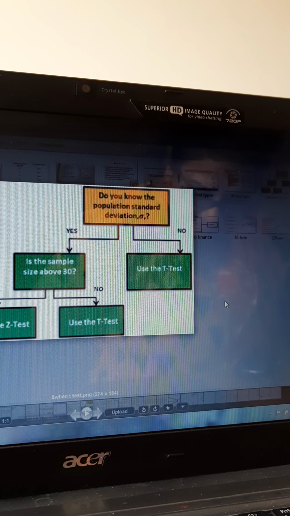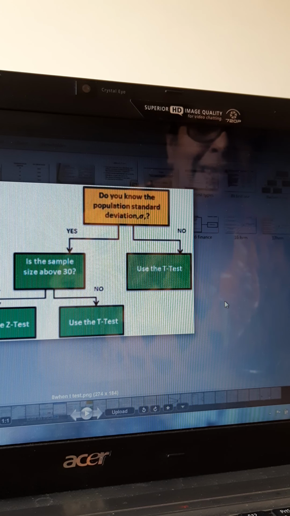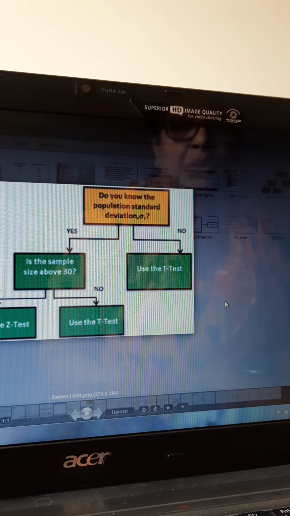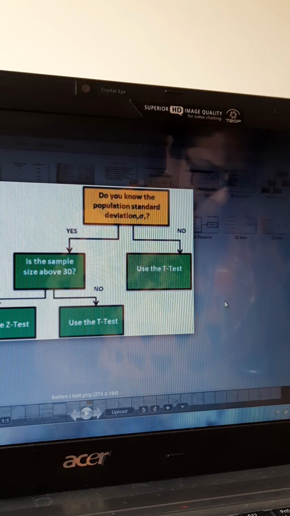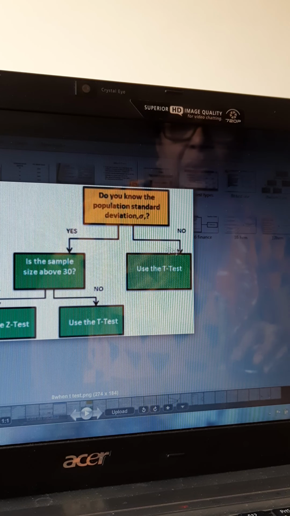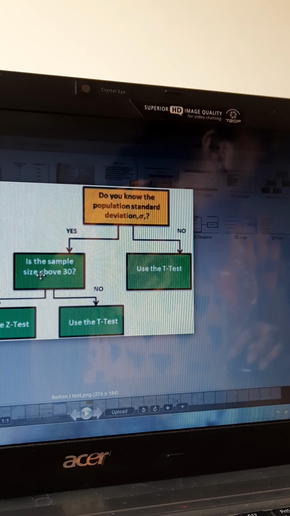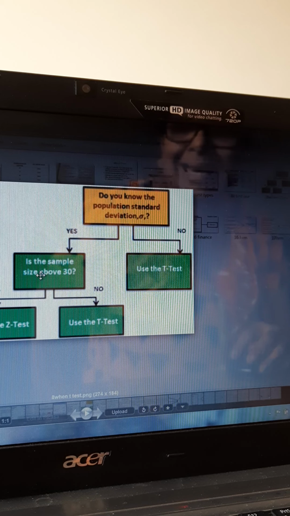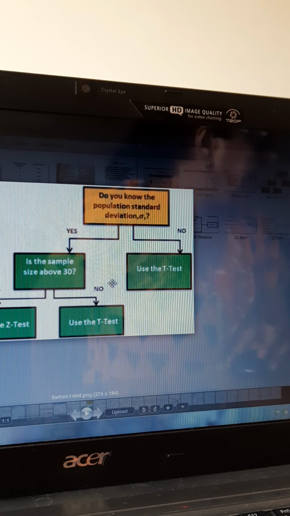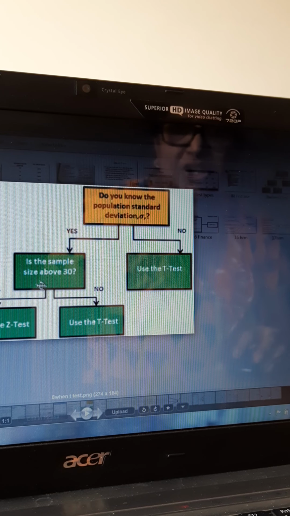In the example that I told you, the stress level of all IT professionals in Bangalore, you don't know the standard deviation. So then you have taken a sample. You have used a convenient sampling method and taken about 50 or 80 people from your colony, people residing in your street.